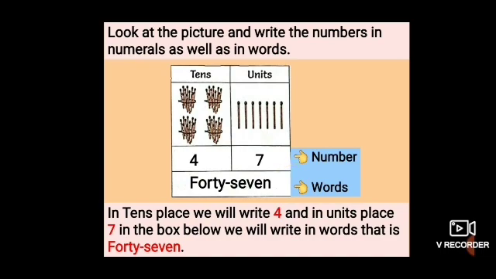We are going to write 7 in units place. And below that, in words, that is FORTYSEVEN, 47. In tens place we will write 4 and in units place 7. In the box below we will write in words, that is 47.